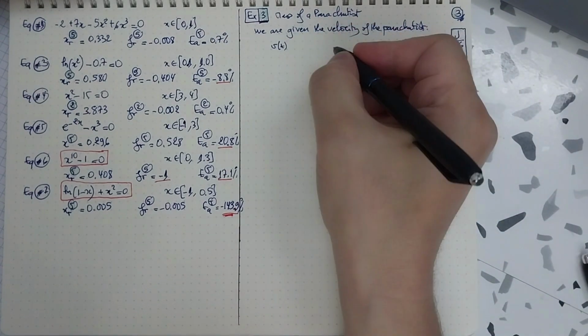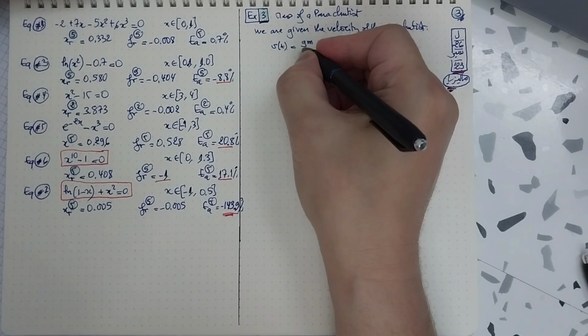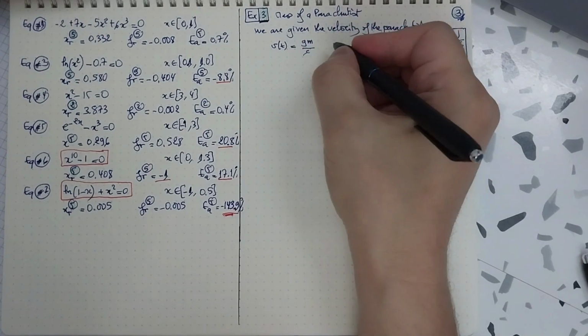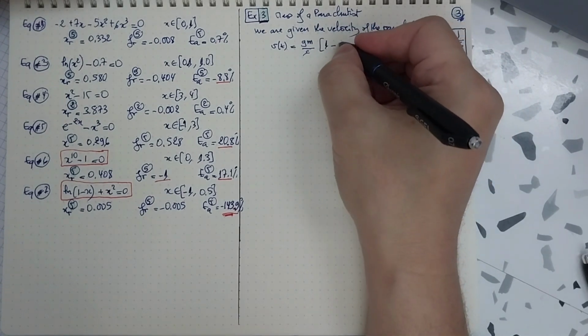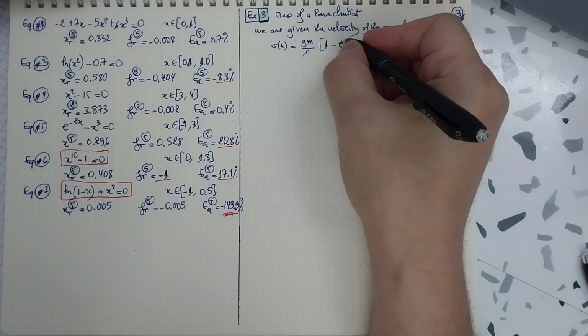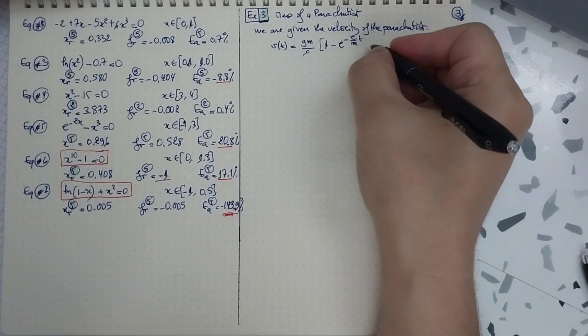V, function of t, equal g m over c times 1 minus the exponential of minus c over m times t.